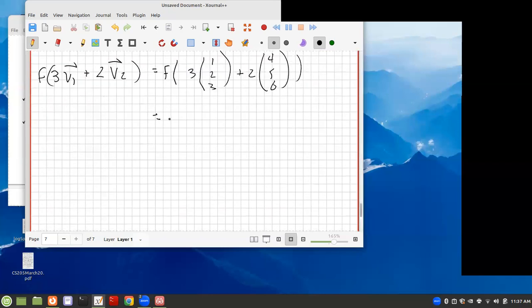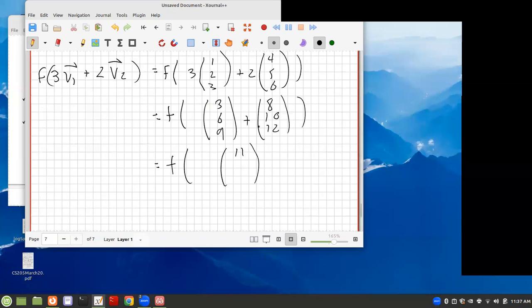Okay, so that's going to be the image of multiplying the 3 in, 3, 6, 9, plus 8, 10, 12, which equals the image. We have to then put these together. 3 plus 8 is 11, 6 plus 10 is 16, 9 plus 12 looks like 21.